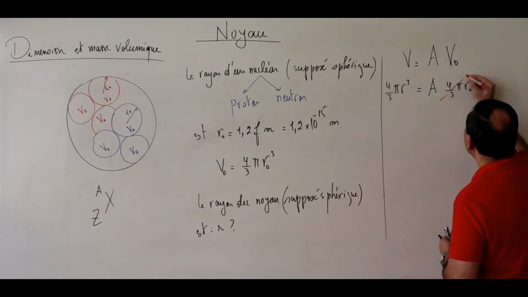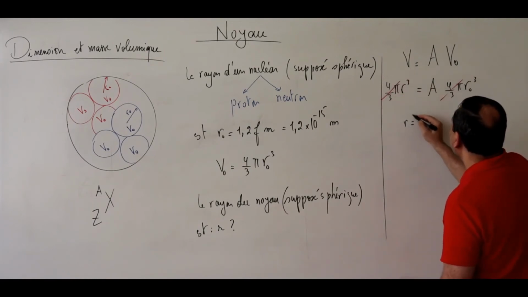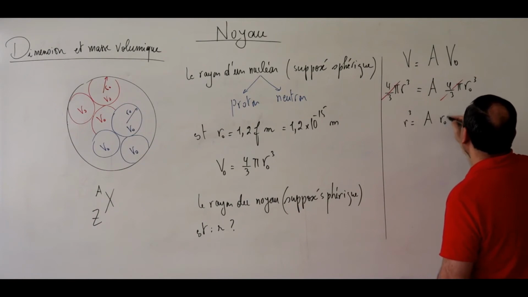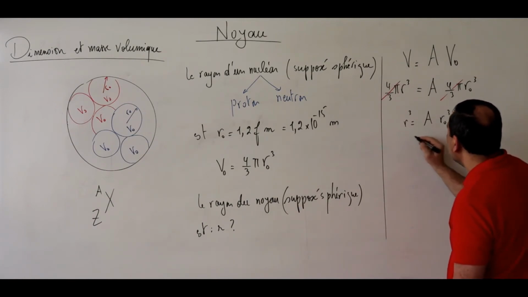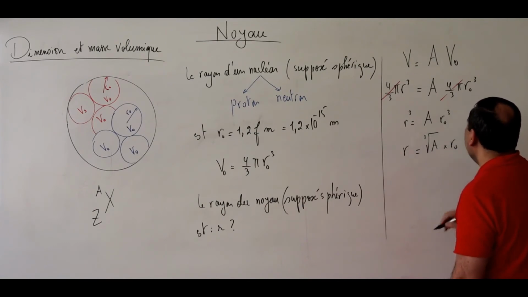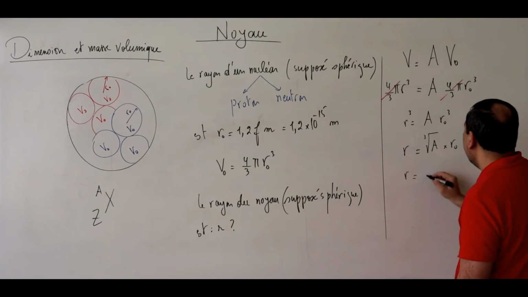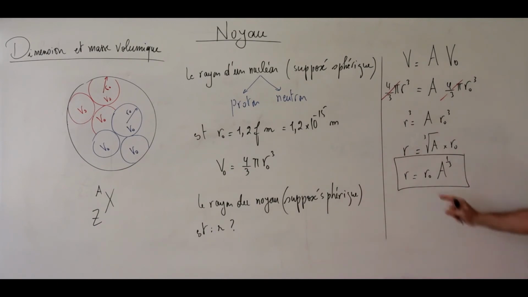Now by simplifying, we obtain R cubed equals A R0 cubed. Perform the cubic root on both sides. We obtain R equals the cubic root of A multiplied by R0. So we can write R equals R0 multiplied by A exponent 1 over 3. This is to be memorized.